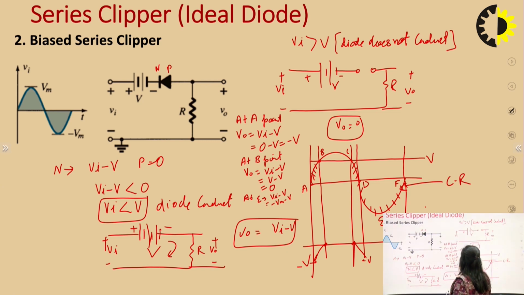So it will be equal to minus Vm minus V. So here it would be equal to minus Vm minus V. And here again at F point it will be equal to minus V. At F point also output will be equal to minus V, because at F point we put Vi minus V, and the value of Vi is 0. So 0 minus V would be equal to minus V. So this will be our output waveform.